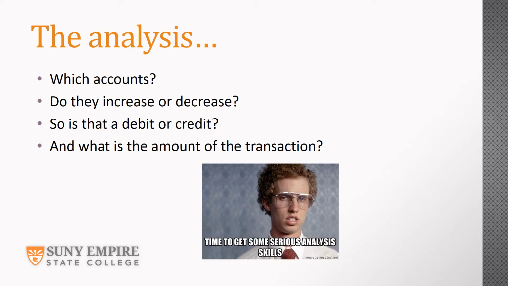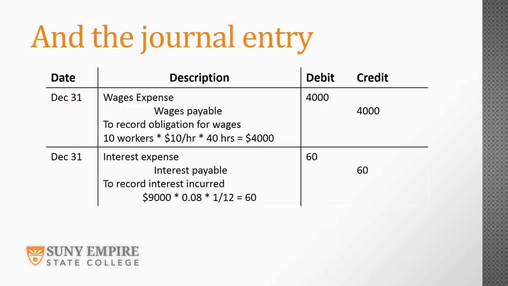But how much? The loan charges 8% interest, but that is for the entire year. We have only gone through 1 month. To find the amount of interest accrued, multiply the $9,000 amount of the loan by 8%, 0.08, then multiply by 1 over 12. The amount of interest accrued is $60.